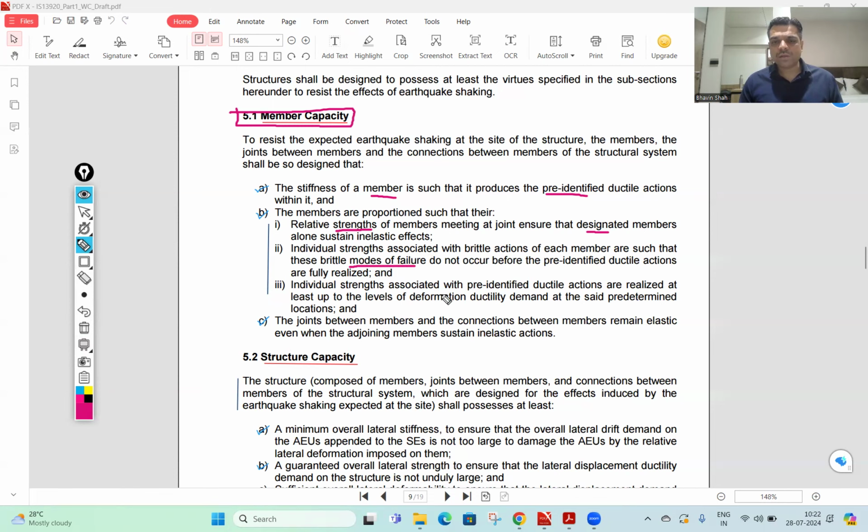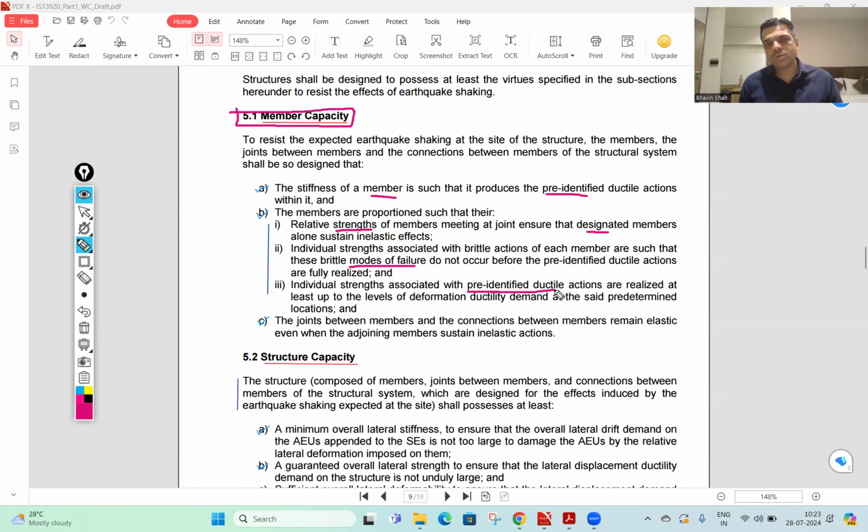And the individual strength associated with these predefined ductile actions is realized at least up to the levels of deformation of ductility demand at the said predetermined locations. So what it is trying to say is that it's actually talking about the desired collapse mechanism. Whatever collapse mechanism we have intended, or which is appropriate, needs to be ensured.